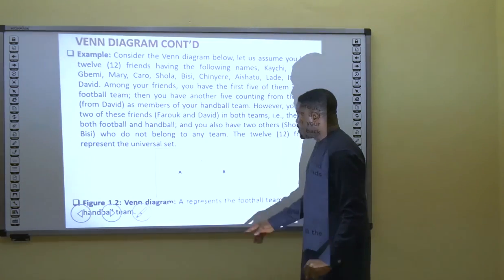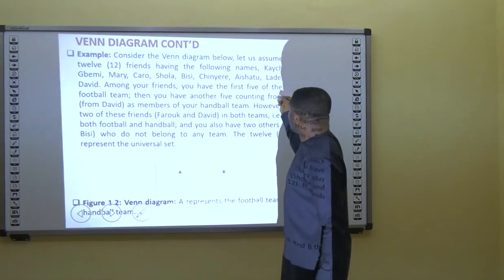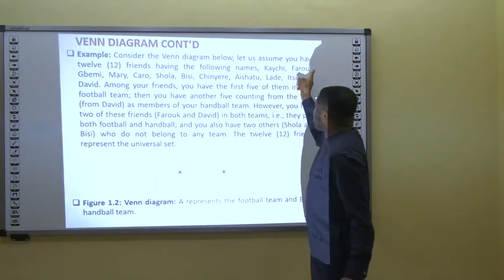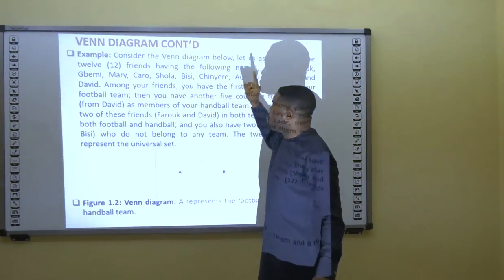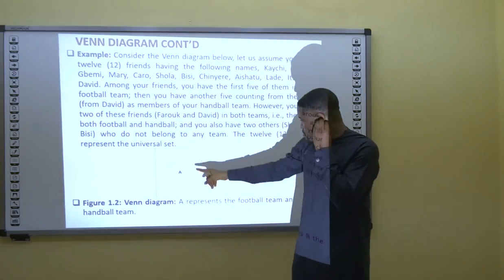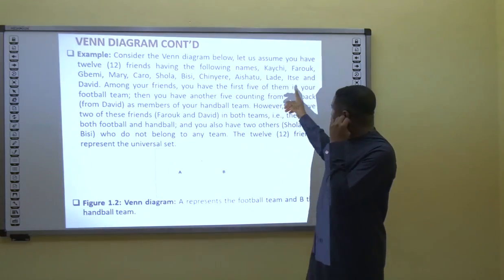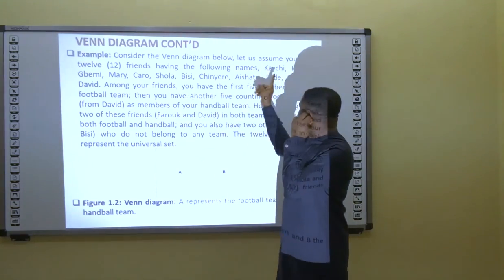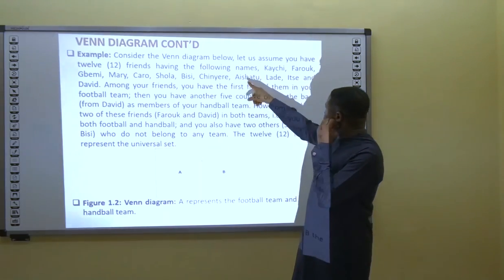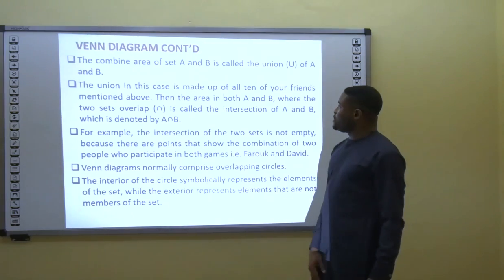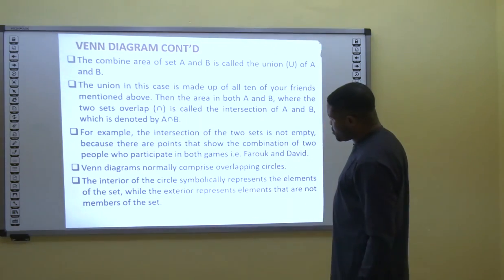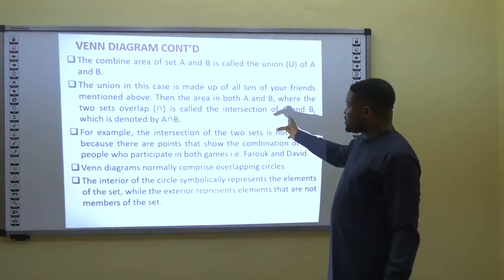So in set A, you will find the first 5 people: Kachi, Farouk, Mary, and Carol. And then when you count 5 from the back, David, Lale, Itse, Aishatu, and Chinyere will be set B. So that's basically what the Venn diagram represents.